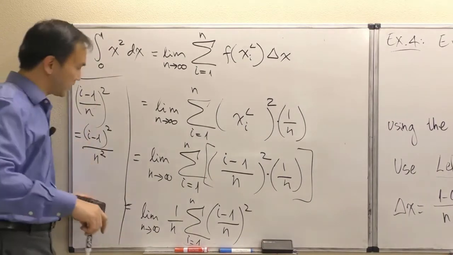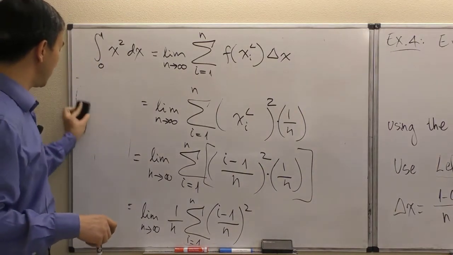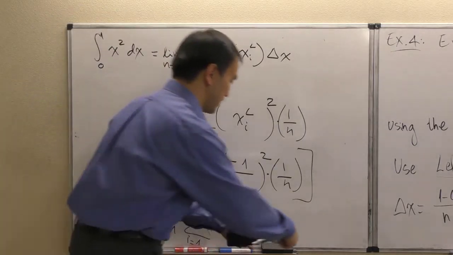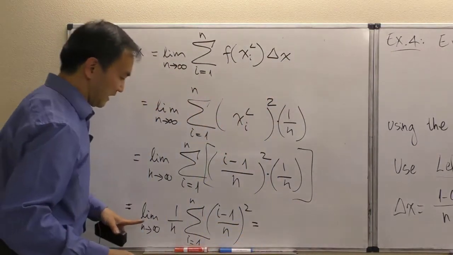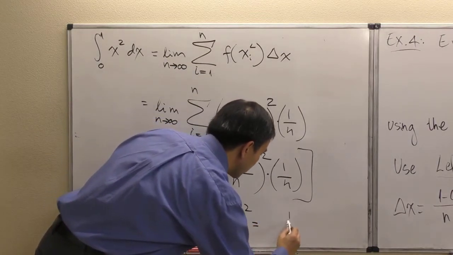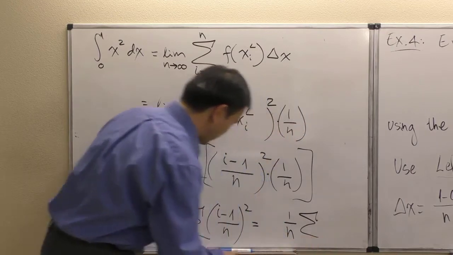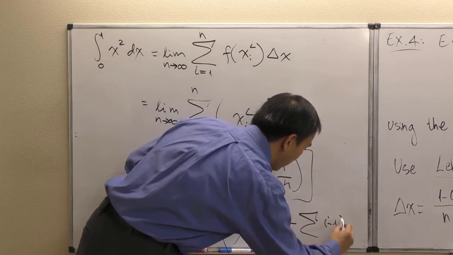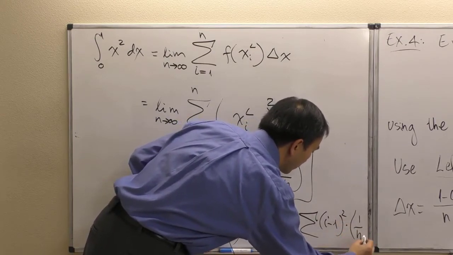Acknowledging this fact, I am going to use that algebraic understanding in my current summation. So it's 1 over n times the summation of, and I can rewrite it as (i minus 1) all squared times 1 over n squared again.